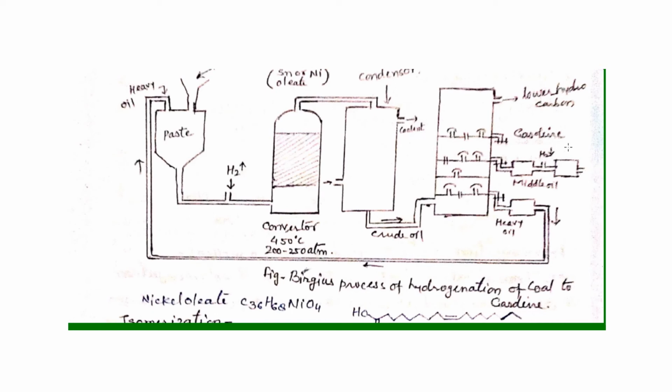This gasoline we will get from the top of this fractional column, plus carbon number 1 to carbon number 4 lower hydrocarbons can also be recovered from this outlet.